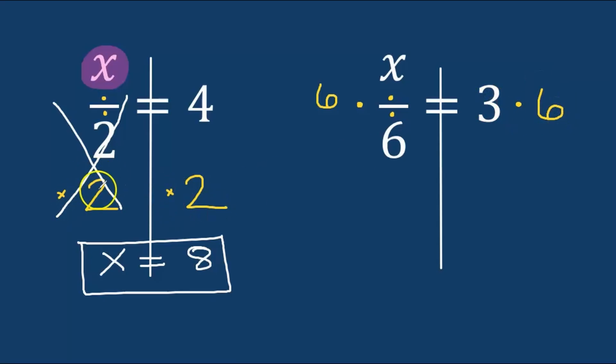It means to multiply both sides by the denominator. That 6 times divided by 6 cancel each other out. These are inverse operations, leaving x by itself. The equal sign is always in the middle, and 3 times 6 is 18.